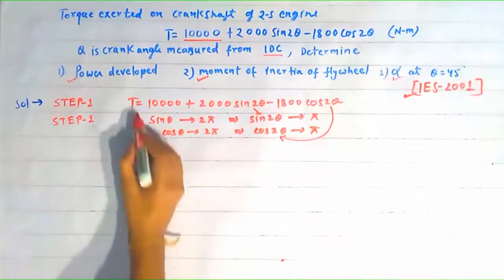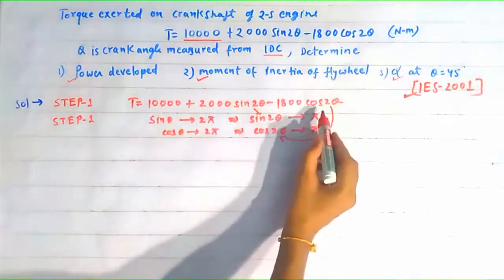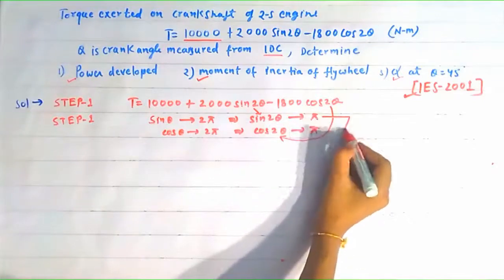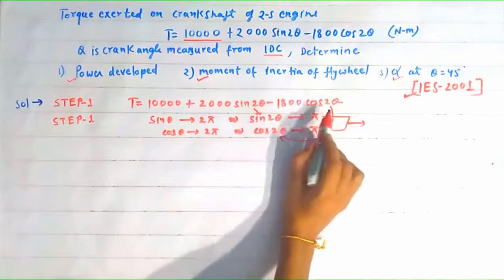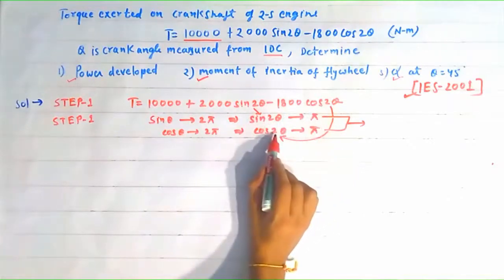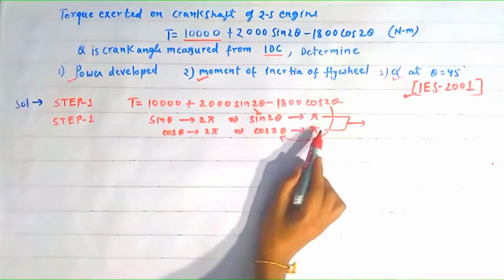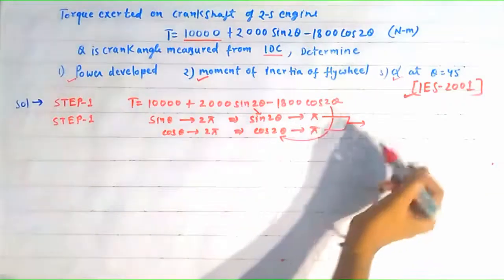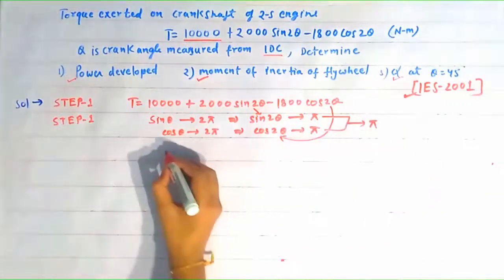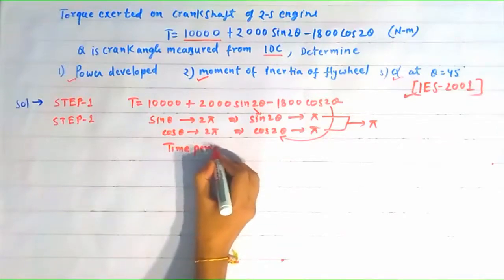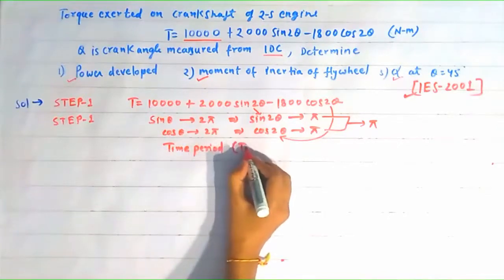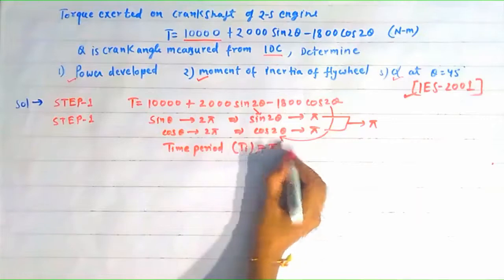So the time period of this torque function will be the LCM of the time periods of sin 2θ and cos 2θ, which are π and π. The LCM of π and π is π. So the time period, denoted by Ti, is equal to π.